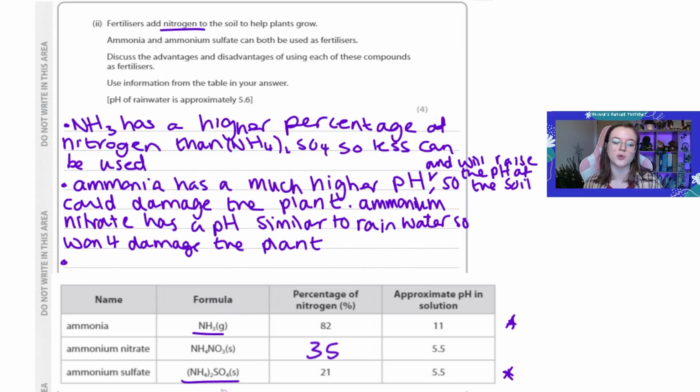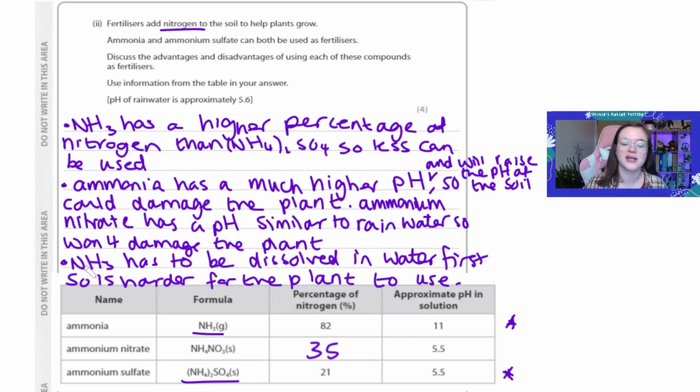Whereas this one is a solid, and if you put that into soil, it's going to dissolve into the water that's in the soil. So much easier for the plant to be able to digest and use and make new things with, right? That's something else to say. Let's put that down. So NH3, the ammonia, has to be dissolved in water first, so it's harder for the plant to use. There we go, that'll be 4 marks, and that is the end of the paper.